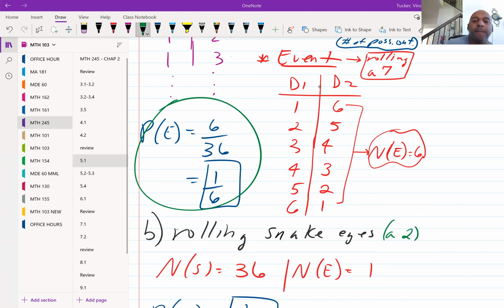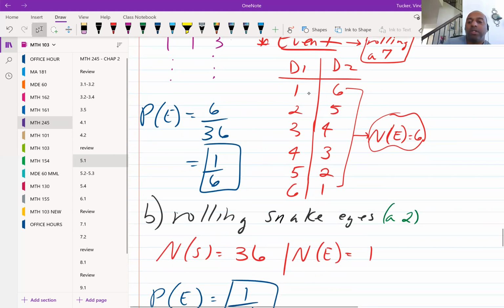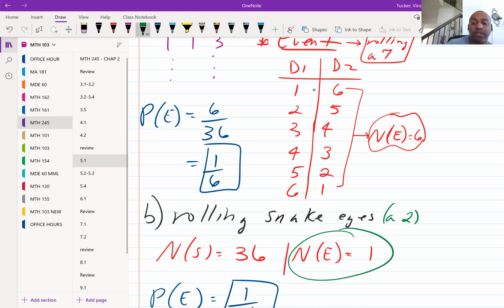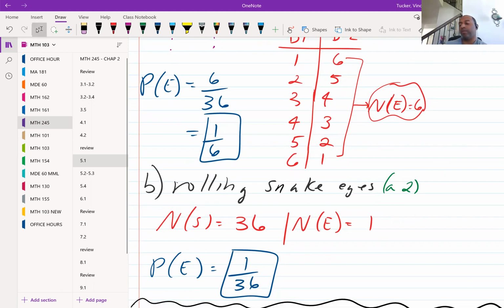Sample space is still 36, and we still have 2 dice. And then the number of outcomes in your event is just 1. There's only one way of getting a 2. That's when die 1 is 1 and die 2 is 1. 1 plus 1 is 2. There's no other way to get that. So that'll just be 1 over 36.